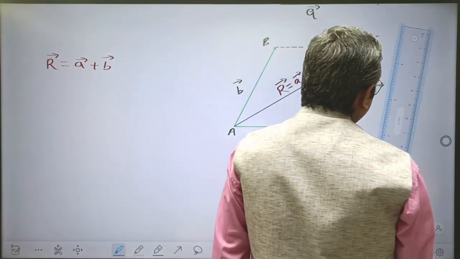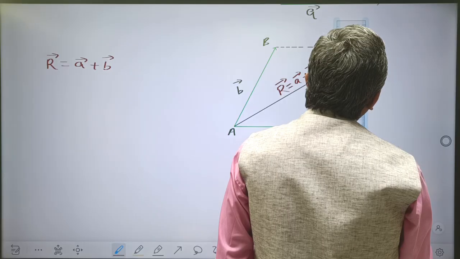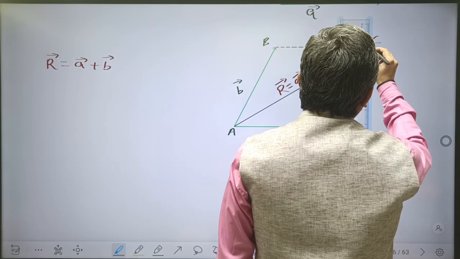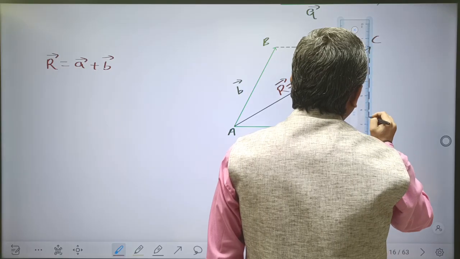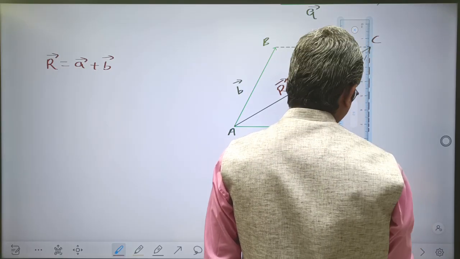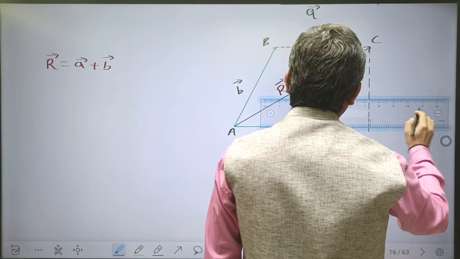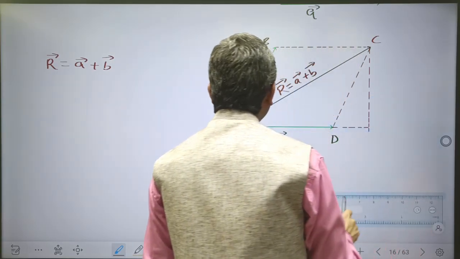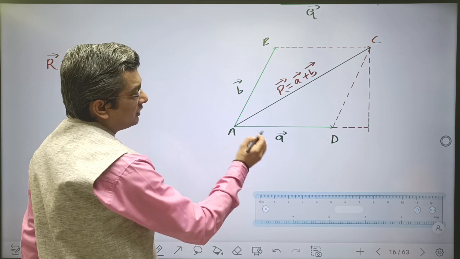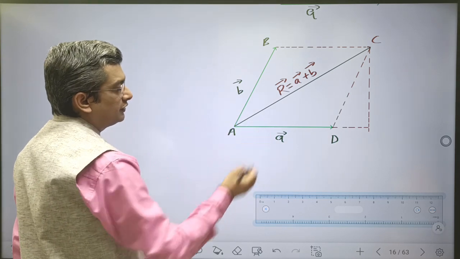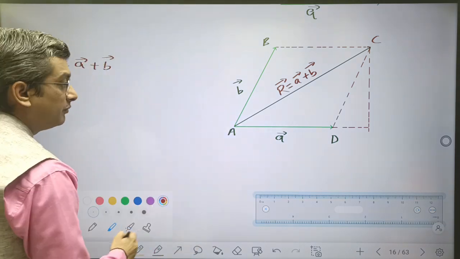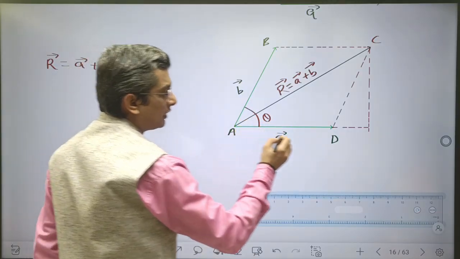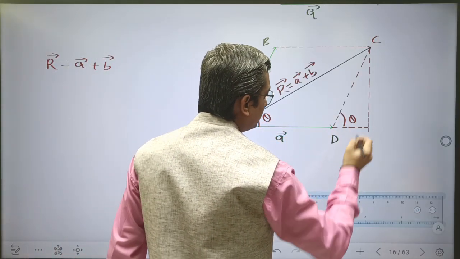Now, if you construct it, let us suppose I drop a perpendicular here, and I extend vector A in this way. So what happens, dear friends? The angle between A and B, this complete angle, is theta. If this angle is theta, this angle will also be equal to theta.